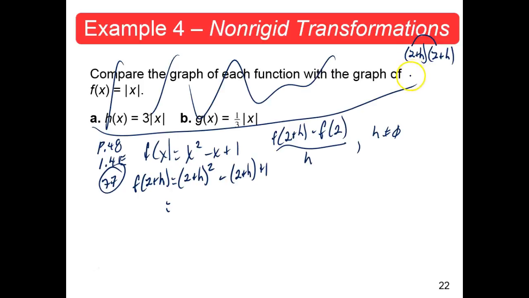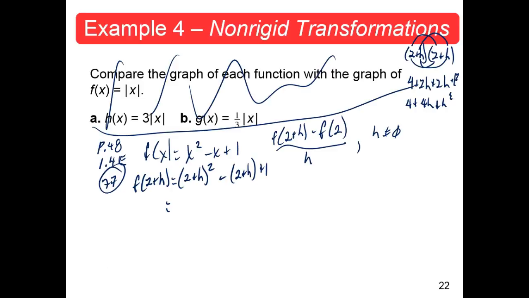2 times 2 is? You're foiling it, right? 4. And then the outer is plus 2h. Inner is plus 2h. And the last is plus h squared. Okay? So combining like terms, what do you have? Okay, it's running off the screen there and it's not printing well.